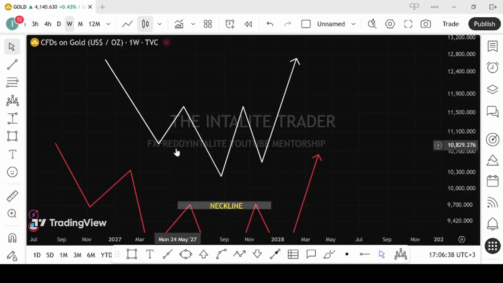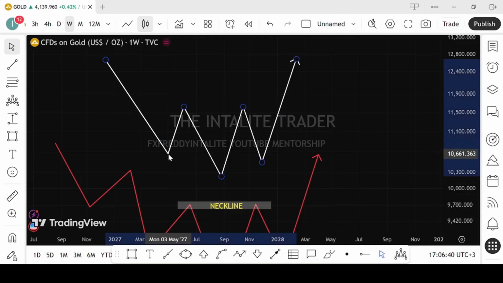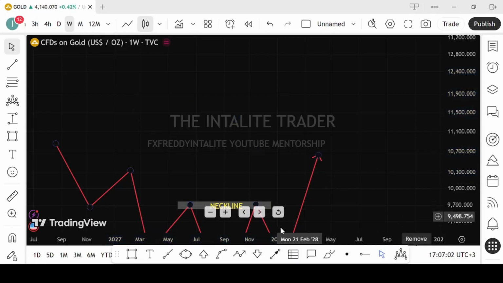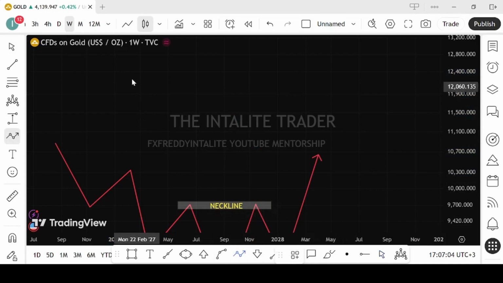Then the other one, you can have price gives you the same neckline. Then price doesn't break above the neckline, but it gives you same equal lows, and then it goes up. The other one which I've not showed is this.